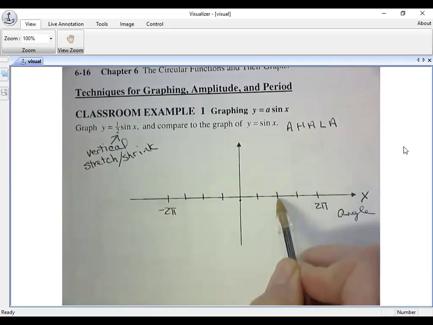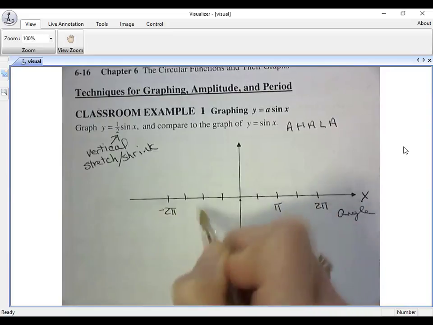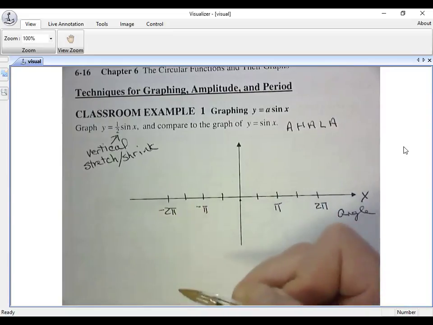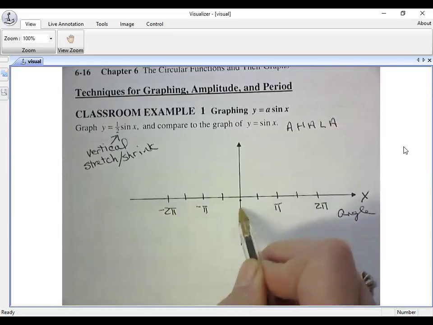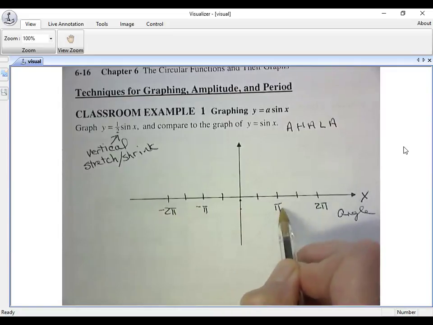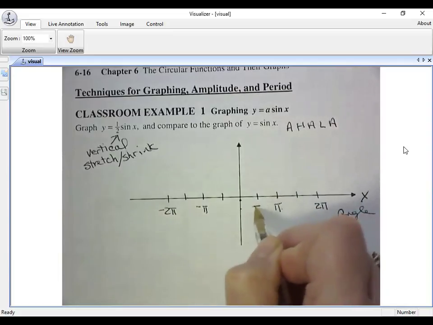What would have to be halfway in between 0 and 2 pi? Halfway is just, if I divide 2 pi by 2, I get pi. So that's pi, and that's negative pi. Is this making sense as far as trying to get it done? Okay, and then what would be halfway between 0 and pi? Pi over 2. So this will be pi over 2.